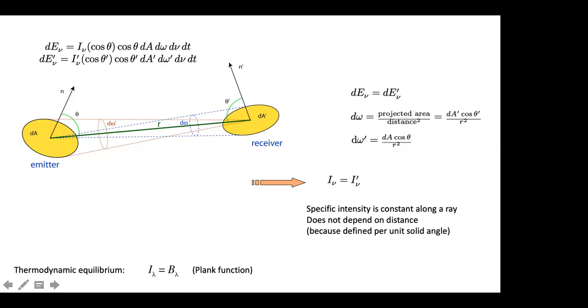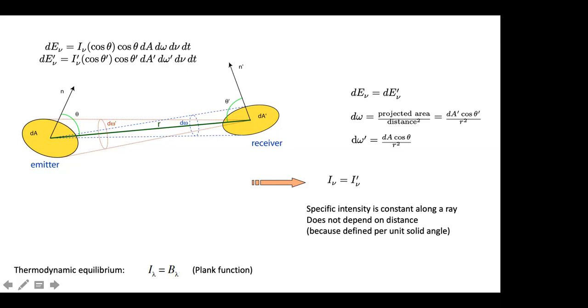Suppose an emitter, an area emitting and an area receiving, and you calculate the energy emitted by the emitter that goes through the receiver, and the energy received by the receiver that was emitted by the emitter. And they must be equal, because they are the same quantity, as seen from different points of view.